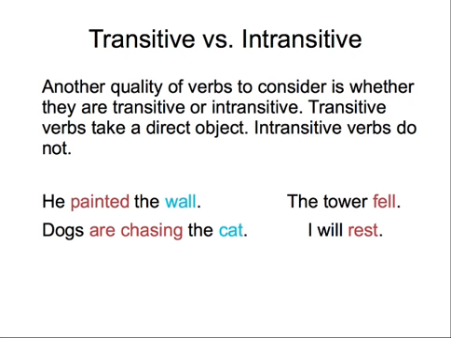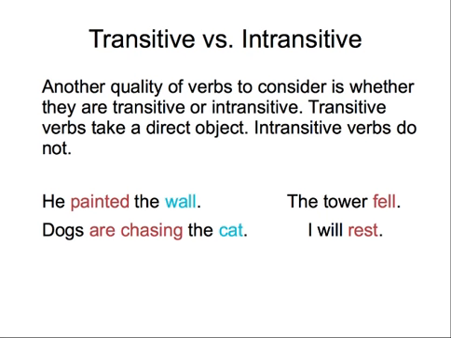Another quality of verbs that some people kind of forget about but is important to keep in mind is the transitive versus intransitive verb. A transitive verb is something that the subject does to an object. He painted the wall. The action is going against some other object, or for that matter, dogs are chasing the cat.